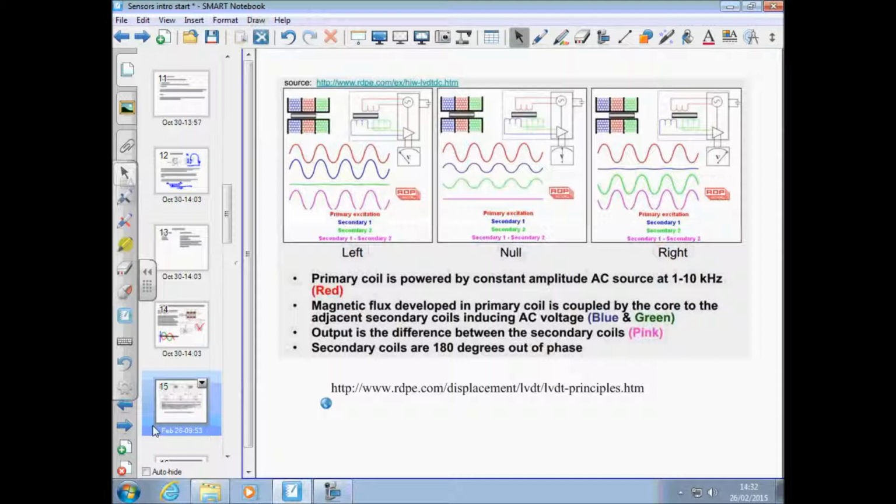We move to the left, and we get an output like so, which is in line with that one. And if we go the other way, we get an output that's shifted back the other way. So we've got the voltmeter in the middle, to the left and to the right.